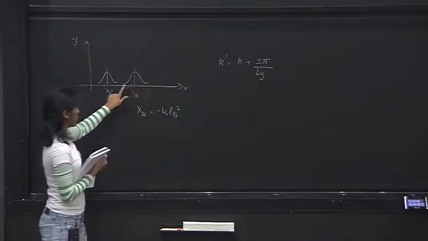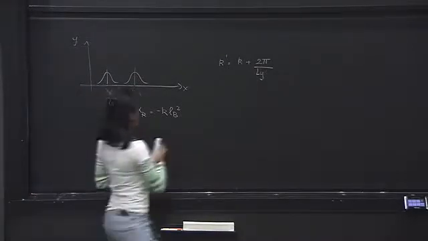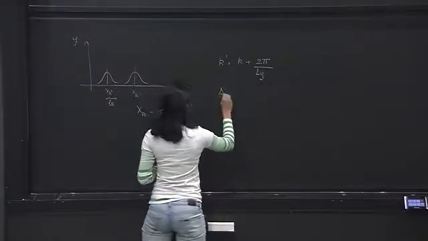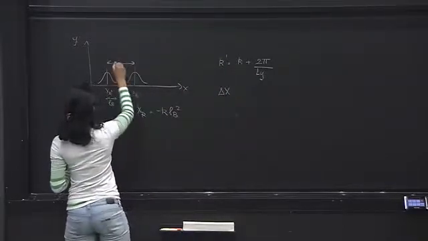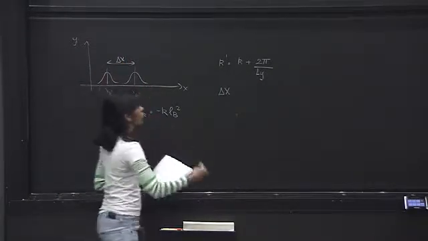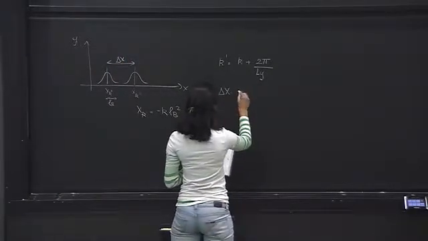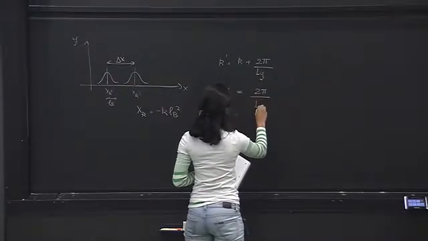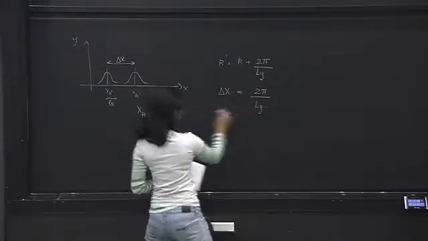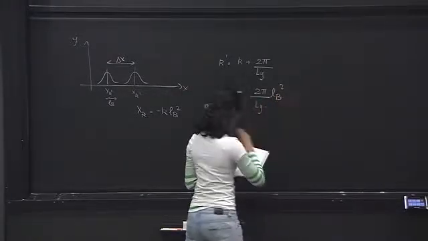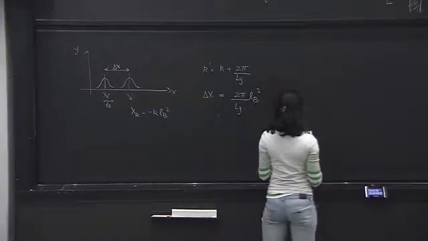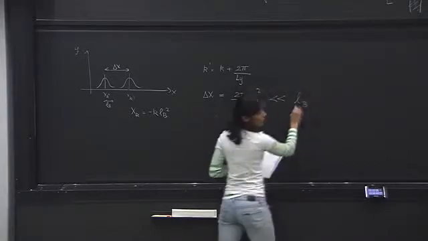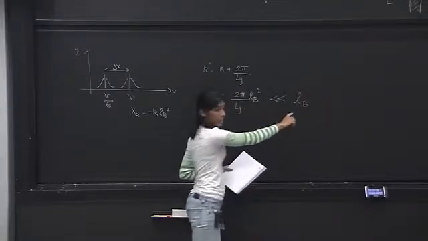I just move the center over by some small amount. So delta x, the spacing between the centers of two adjacent eigenfunctions, is given by 2 pi over Ly times Lb squared. This you can see is clearly much, much smaller than the width of each of the wave functions, which is the magnetic length. Is this clear?